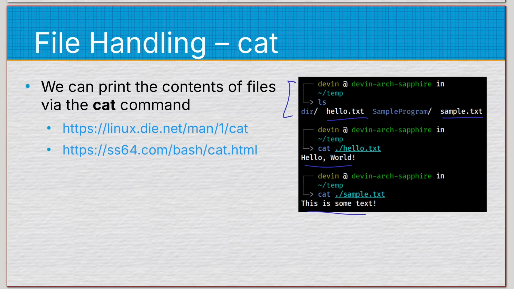If this was like a 2,000 line long file, cat might not be your best solution because it's just going to vomit that text into the terminal, and if you don't have terminal scrollback, like if you're in a TTY or an SSH system or you don't have a fancy terminal emulator, you just have an actual raw teleprompter, basically, you might not be able to scroll back to see everything, and you would need to use a different command for this.